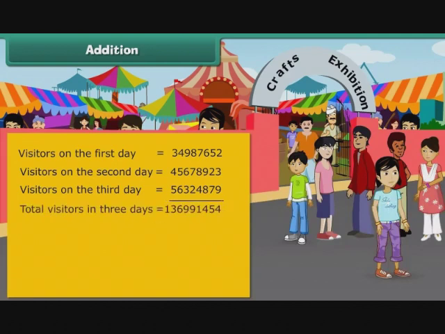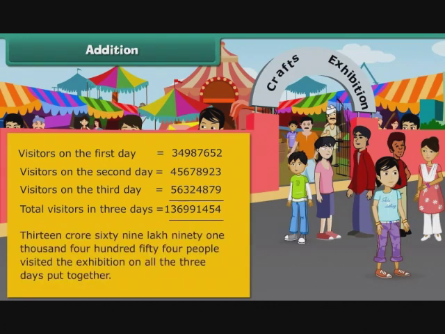Total visitors in 3 days is equal to 136991454. 13 crore 69 lakh 91,454 people visited the exhibition on all the 3 days put together.